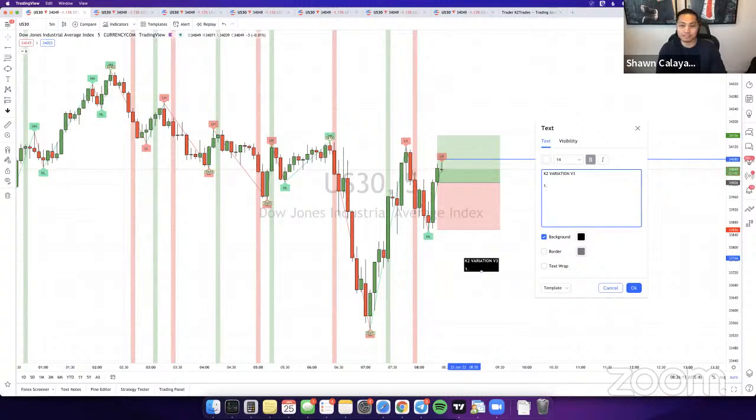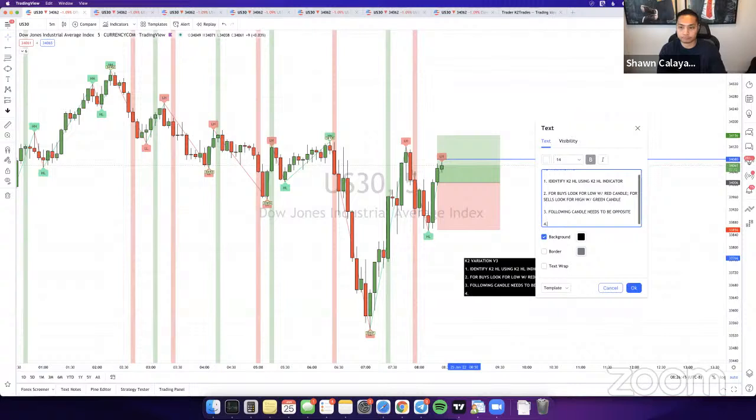So for this, basically, you want to identify the K2 high low using the K2 high low indicator, obviously. For buys, look for a low with a red candle. For sells, look for a high with a green candle. The following candle needs to be opposite.